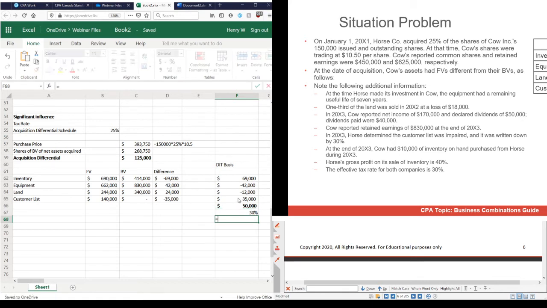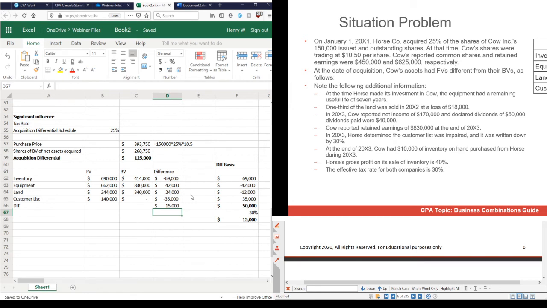I want you to pay attention to how I set this up. It's right next to it, so it makes things a little easier instead of going all over the place. So now we have the deferred income tax, 15,000.